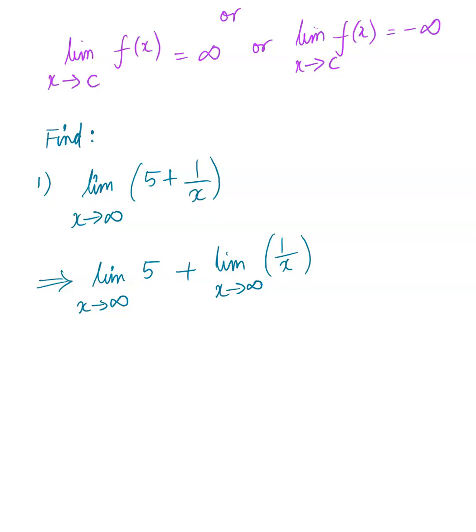Now, because of the limit laws, we can substitute infinity for x. The first one doesn't have any x, so this comes back as 5. And here, when I plug in infinity for x, it's 1 over infinity. It sounds silly, but infinity is a very, very large number.